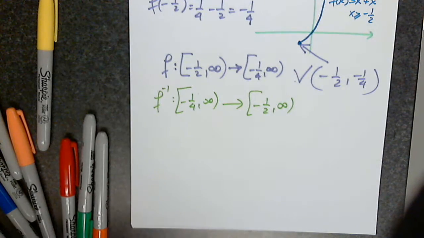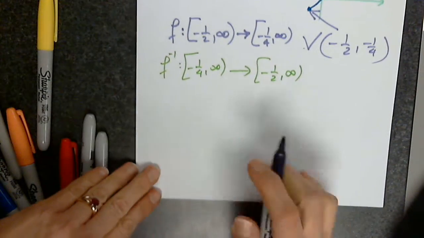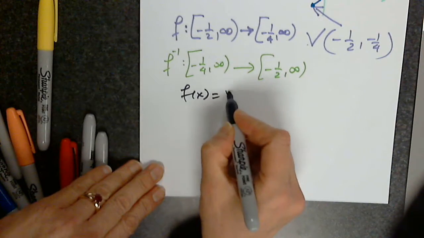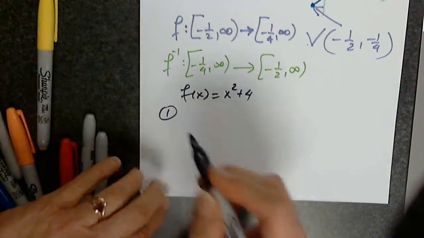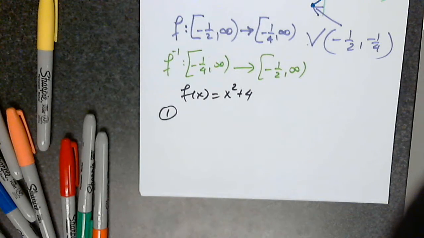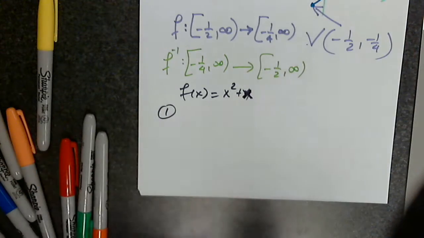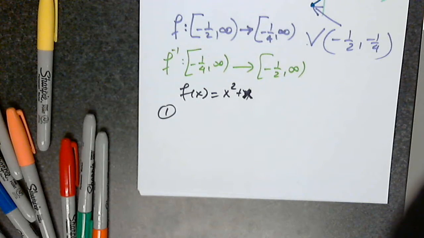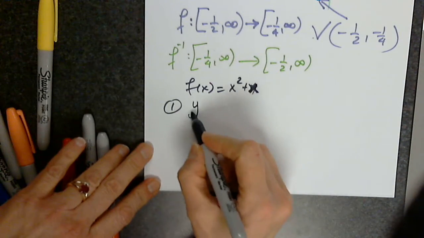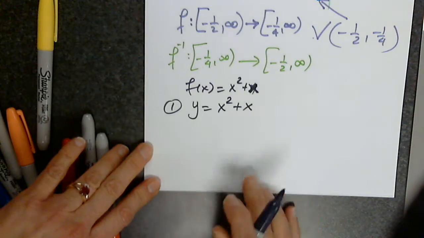So, first step. Let me copy it here. So f of x equals x squared plus x. Step number 1: I replace f of x with y. So y equals x squared plus x.